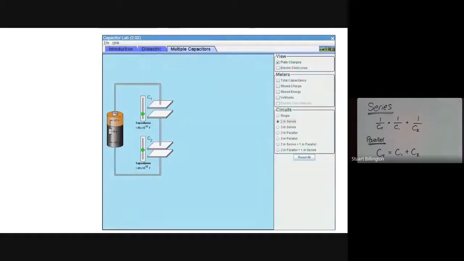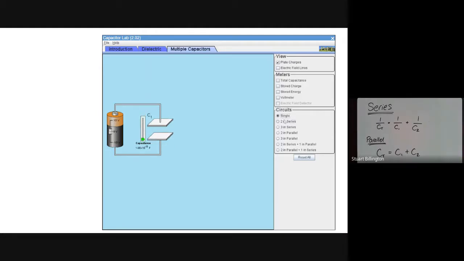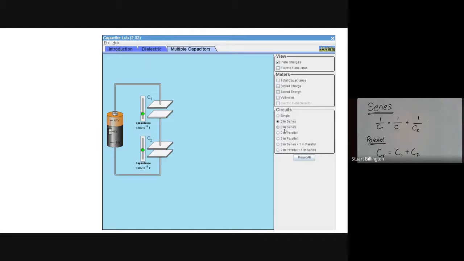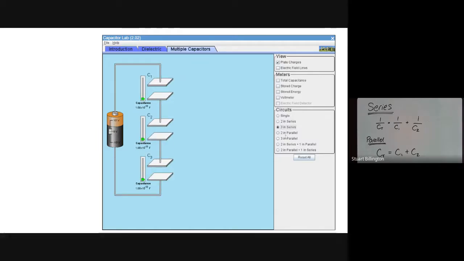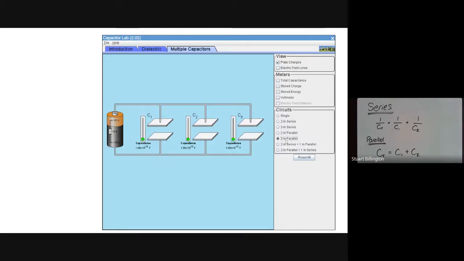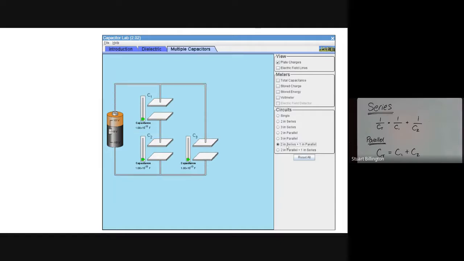I've put the link to it on the classroom post for today's lesson. And what you can do over here is you can select either single capacitor, and then you can have 2 in series, 3 in series, or you can do 2 in parallel, 3 in parallel, or you can go with a combination of the different types.